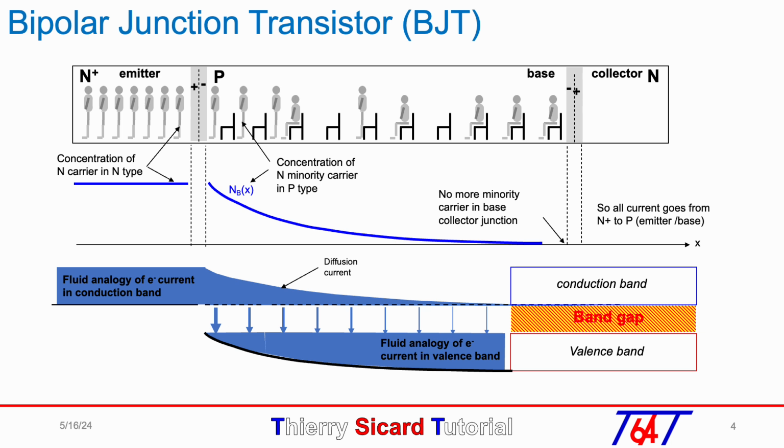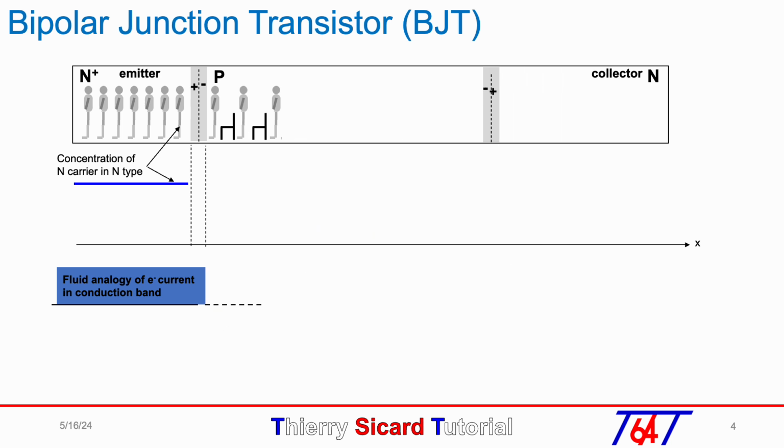If we reduce the base width to a distance much lower than the N minority carrier diffusion length, some stand-up persons, meaning free electrons in the conduction band, will reach the electric field created by the space charge in the middle of the base collector junction.